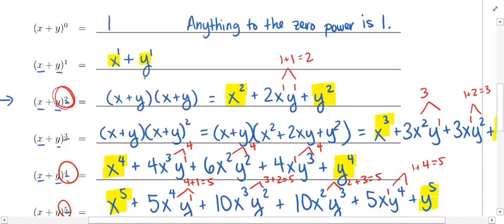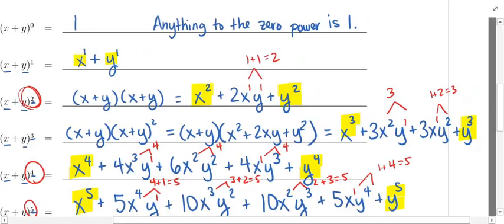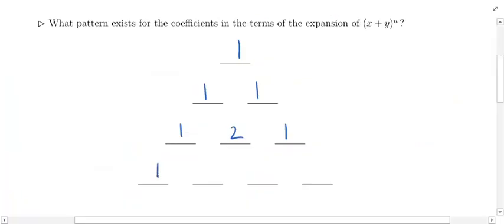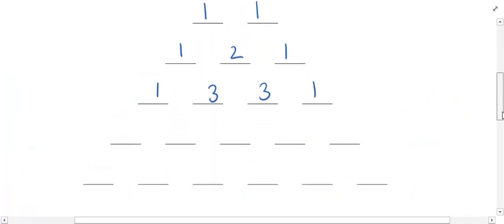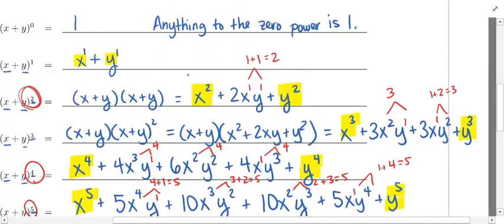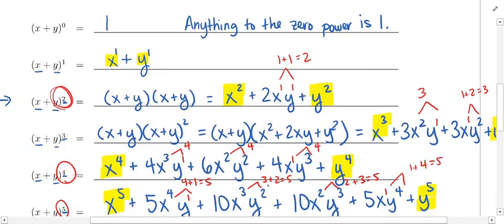Going to (x + y) cubed. In the expansion, I see the coefficients, the numbers in front of the variables, are 1, 3, 3, and 1 in that order. Moving on, (x + y) raised to the fourth power.